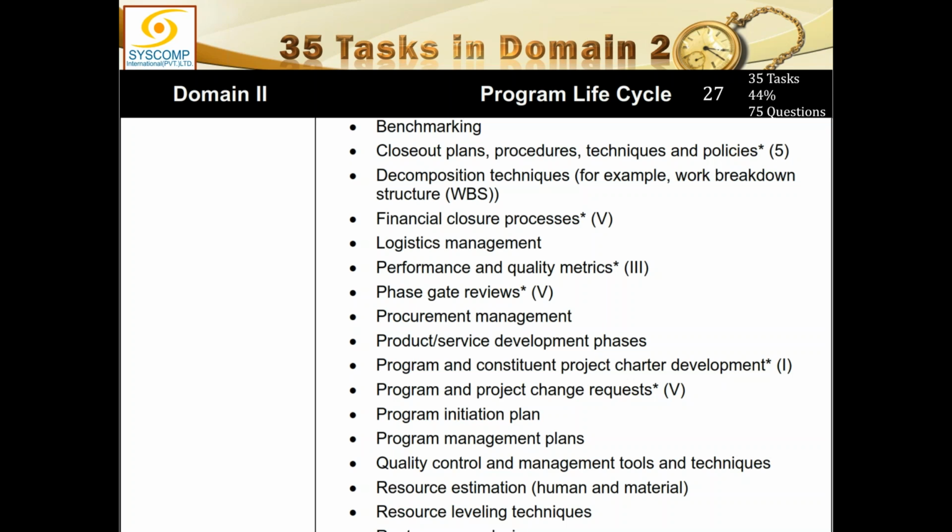Especially in the UK, they have a gateway review system in their Office of Government Commerce. It is a very famous gateway review system, and that is a government entity. It is mandated by the government of the UK that every project must have a gateway review.